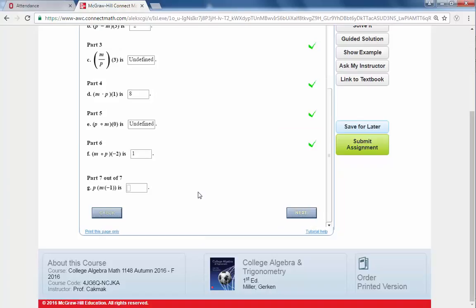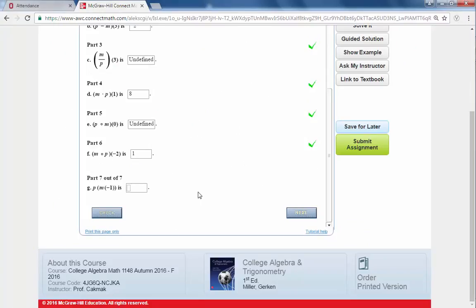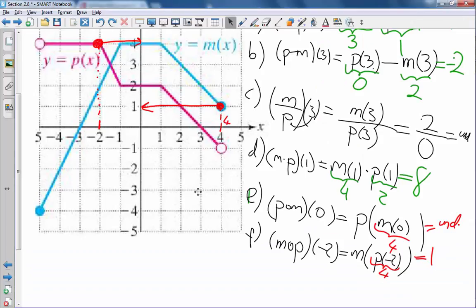Any questions? One last question. MP of -1? No, PM of -1. Order matters. You can't flip the order. PM of -1 is taking the M bus first, later the P bus.